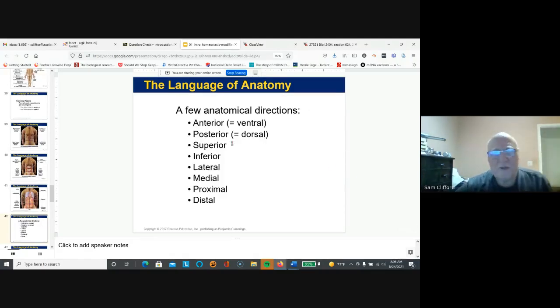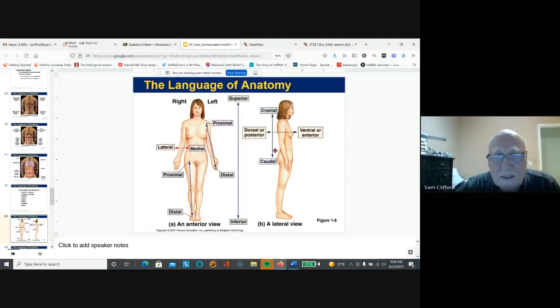So what about directional terms? Let's see what each of these means. Okay, so anatomical position. Lateral is the side, medial is the middle, proximal is closest to the medial area, distal is far away from the medial area, and it refers to the position of the limbs.